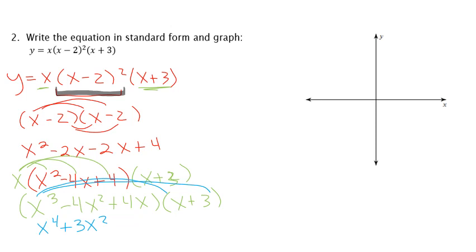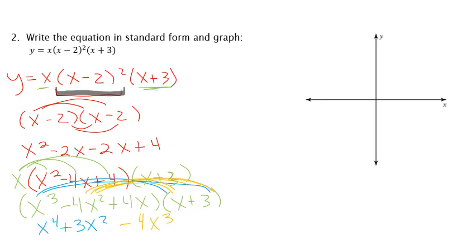And then I'm going to distribute on the minus 4x squared. So we get a negative, and actually, sorry, this is x to the third. Okay, and then we have negative 4x squared that we're going to distribute. So we get negative 4x cubed.